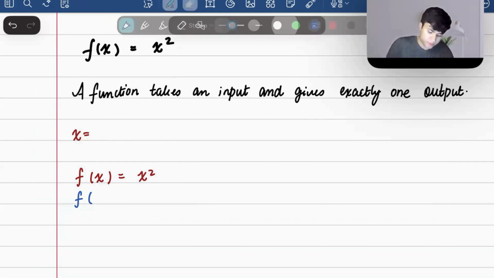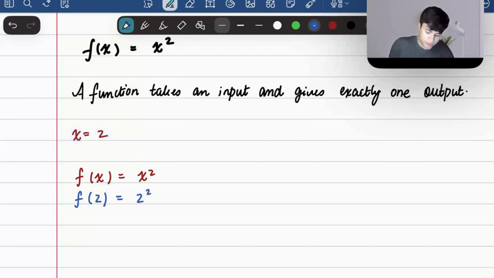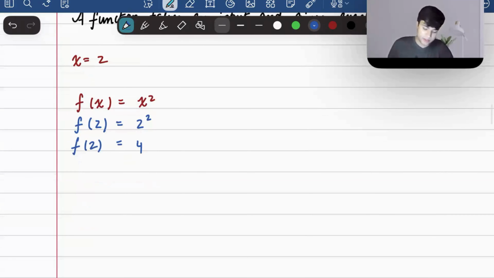Let's make it a little more interesting. Let's say the input is 2. So f of 2 equals 2 squared. The value of f of 2 gives me one single output, that is 4. 2 squared is 4.